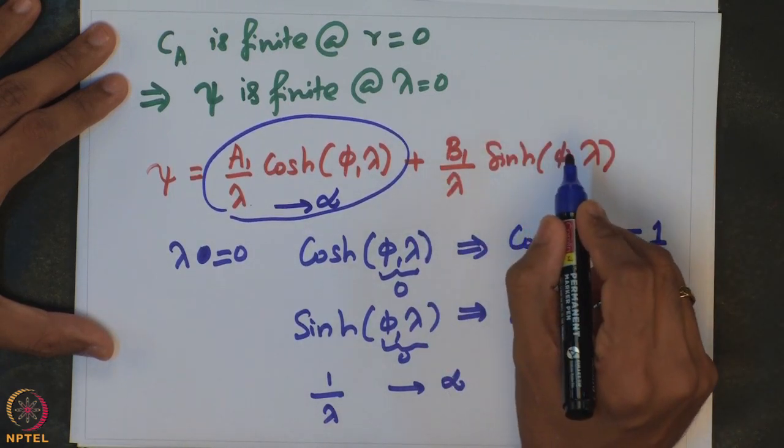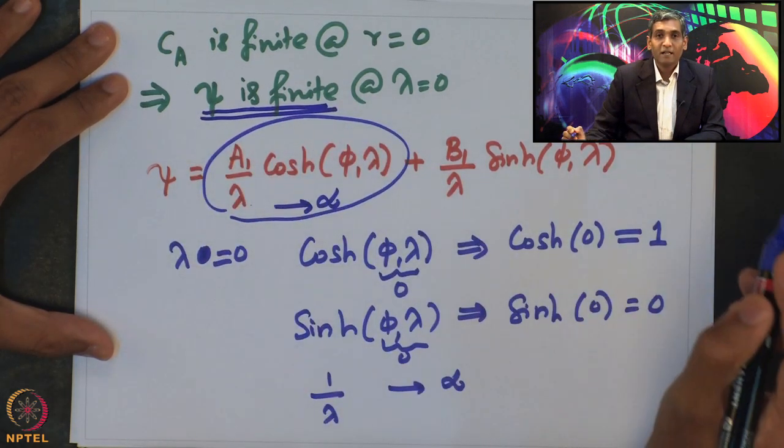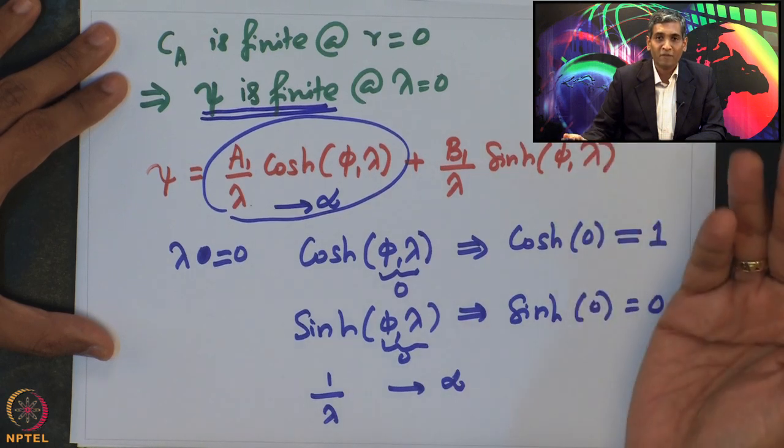Therefore, in order for the solution to be finite, because we specify that psi has to be finite at lambda equal to 0, it cannot be an infinite value.